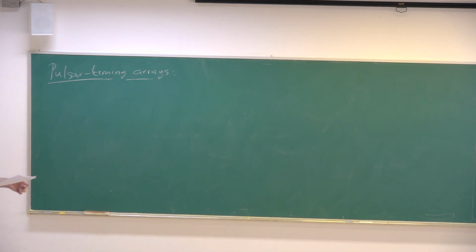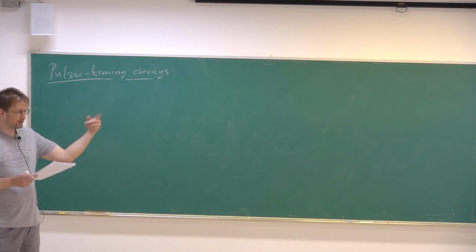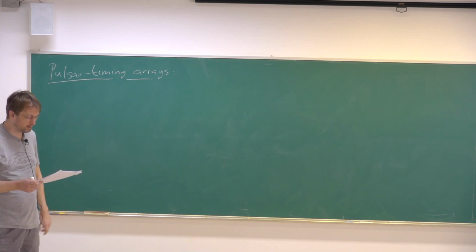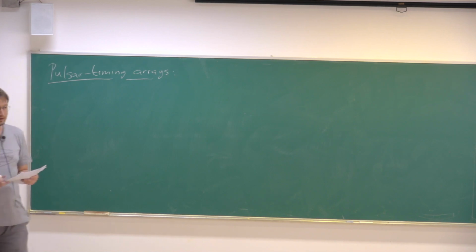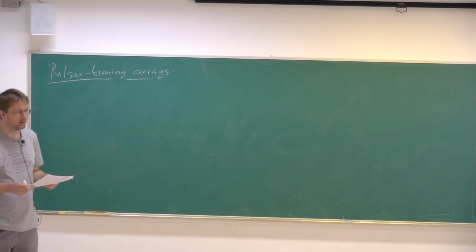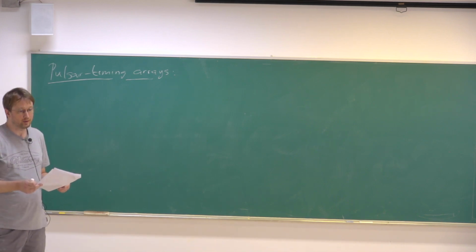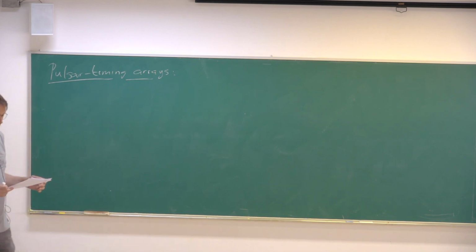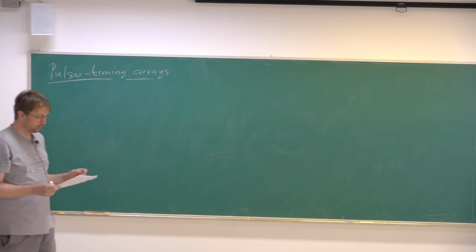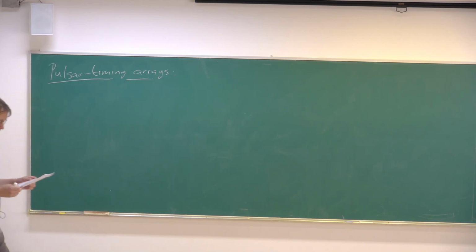That's where the name comes from. And they have a very stable frequency, and so if a gravitational wave passes through, it slightly changes the frequency of these millisecond pulsars, and by observing a lot of them, you can also use these observations as a gravitational wave observatory.